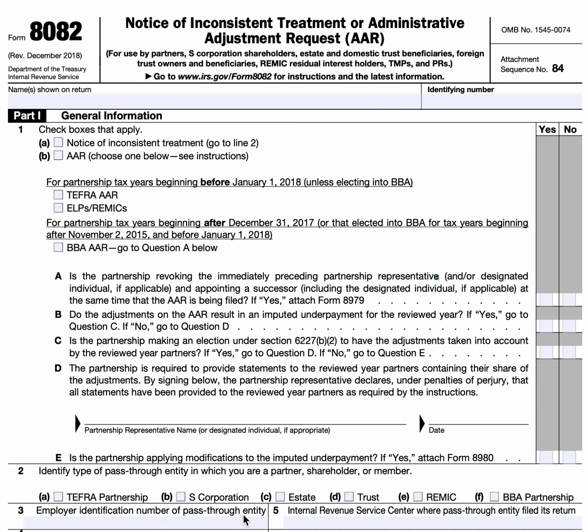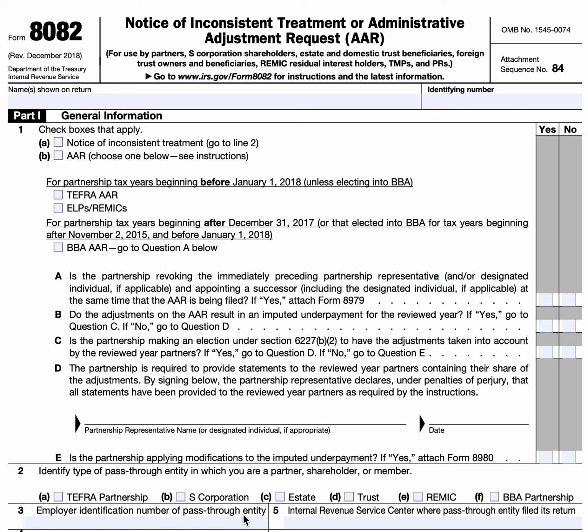Either inconsistent treatment, basically reporting information that appears to be inconsistent with what was reported to them or what they know to be true, or an administrative adjustment request. Depending on the partnership and the tax years, there are several different options for the AAR route.